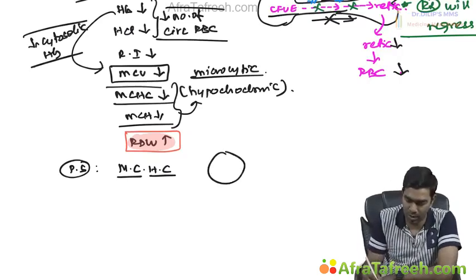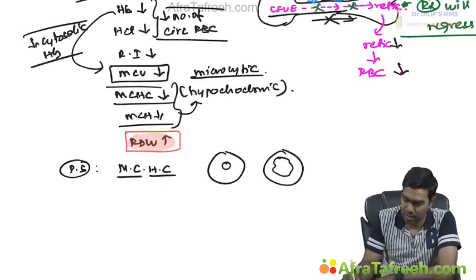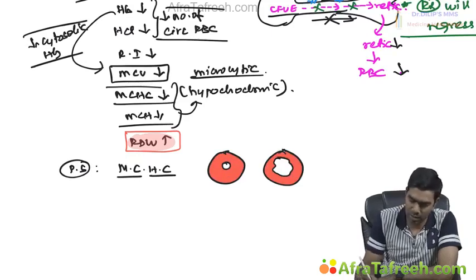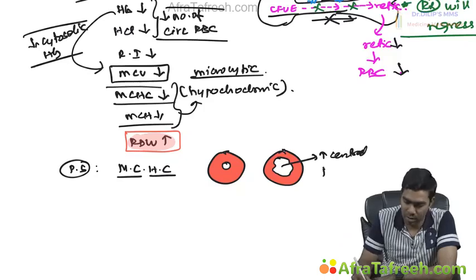Normally this is the central pallor, and in iron deficiency anemia this will be the central pallor, which means more area of central pallor than what you normally see. So this is what you see, the increased central pallor, more than 1/3 of the diameter of the RBC. So that's what you're going to see.